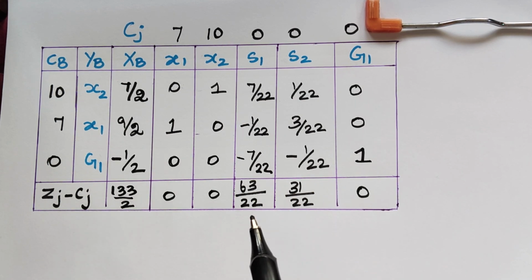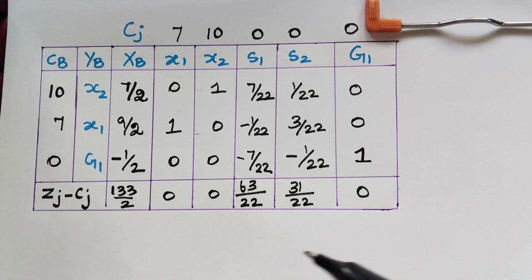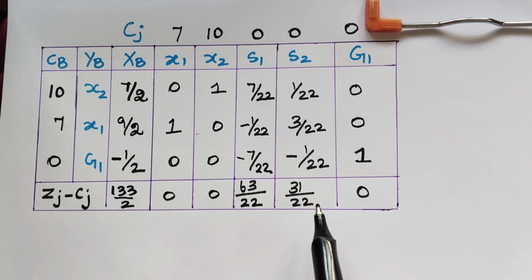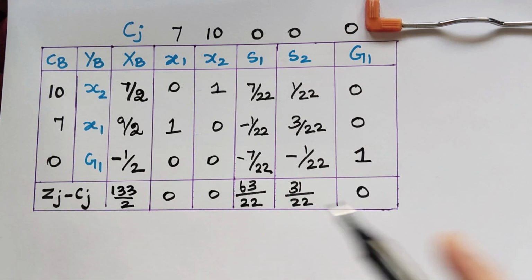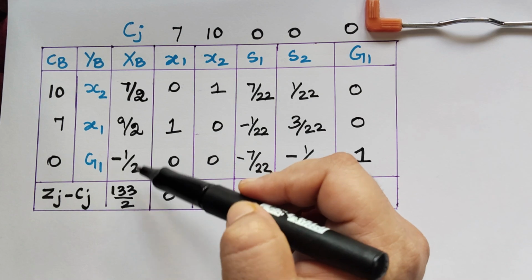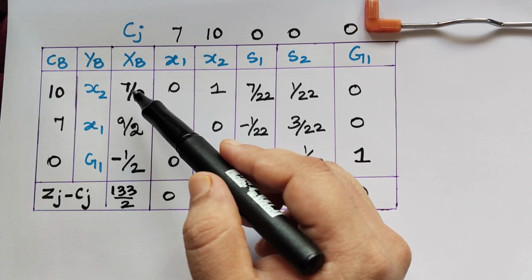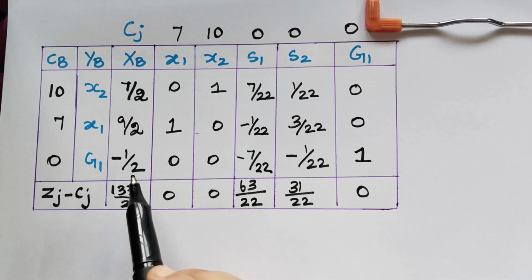But in the dual simplex method, first we have to find the leaving variable. Which variable is going to leave, and how will we find it? We have to check the solution space for the most negative element.